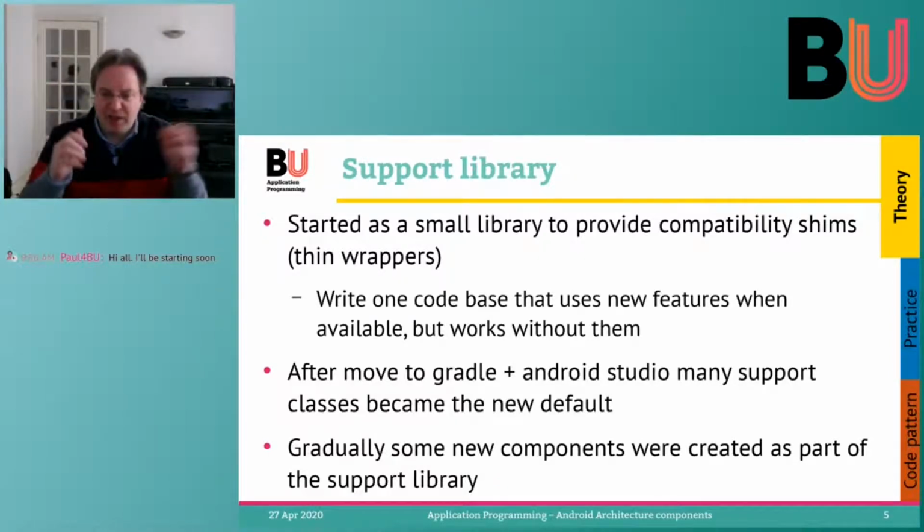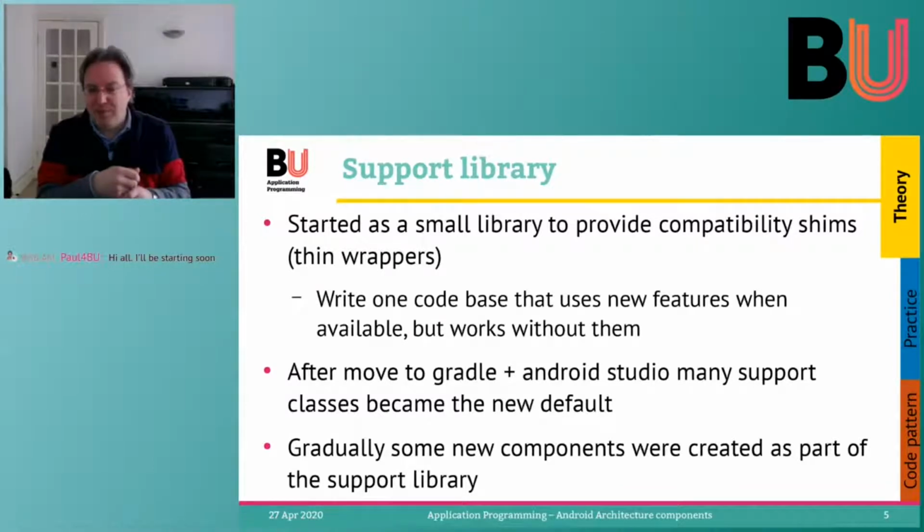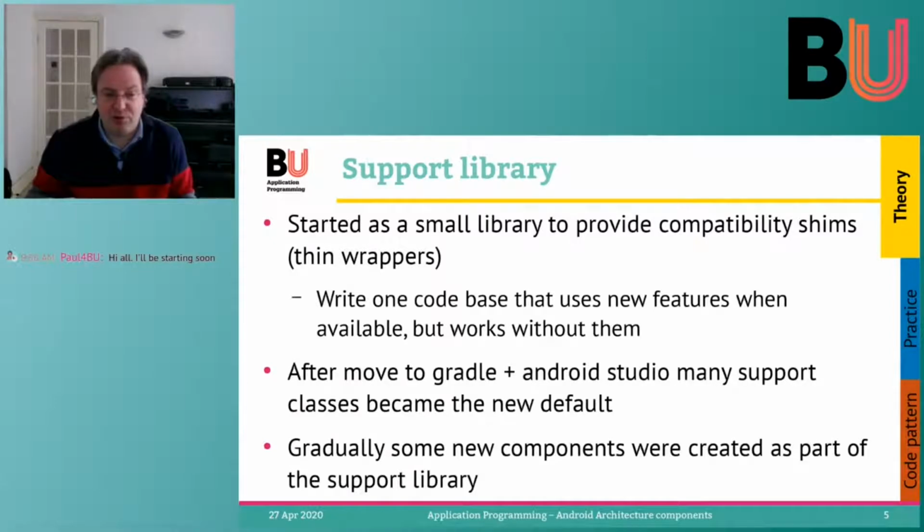A shim is basically just a thin wrapper that translates from one thing to another, but mainly just forwards stuff and then returns the result. You see those in JavaScript as well, by the way, compatibility shims, where they use JavaScript to implement the same as would happen if you had a modern browser, or for CSS as well.